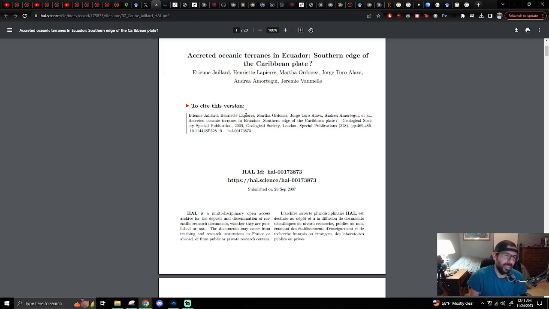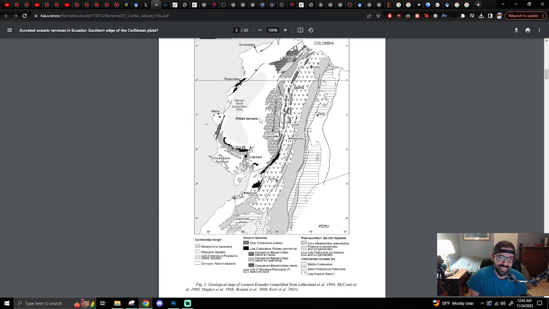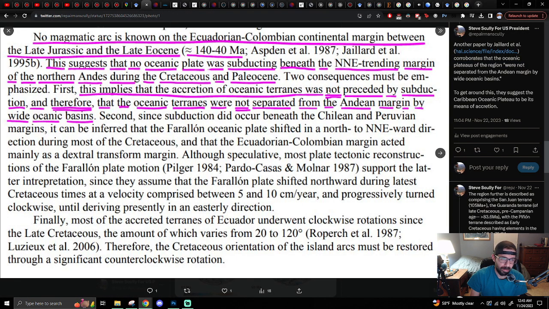This paper corroborates that the oceanic plateaus of a region, quote, were not separated from the Andean margin by wide ocean basins. No magmatic arc is known on the Ecuadorian Colombian continental margin between the late Jurassic and late Eocene, 140 to 40 million years, according to these authors, including themselves in a previous paper.